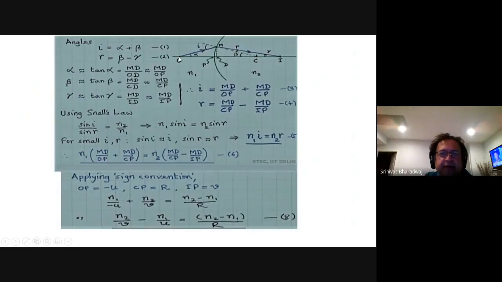Okay, and the other one, R equals MD by DI. Using that, you can do the corresponding calculation.